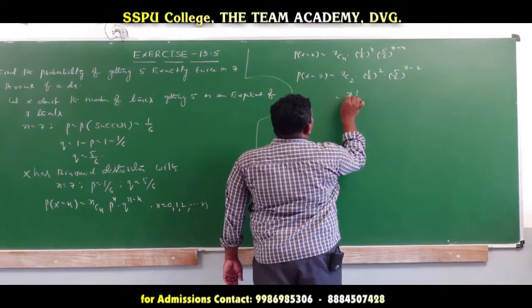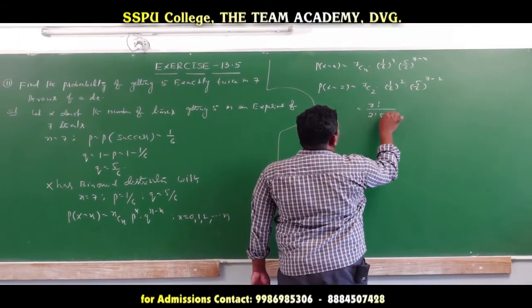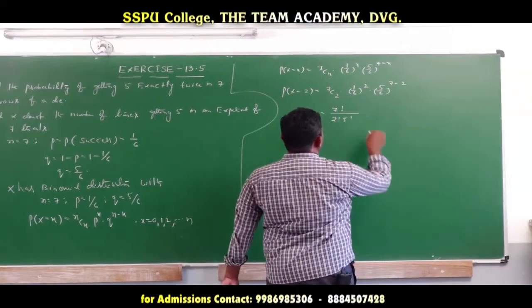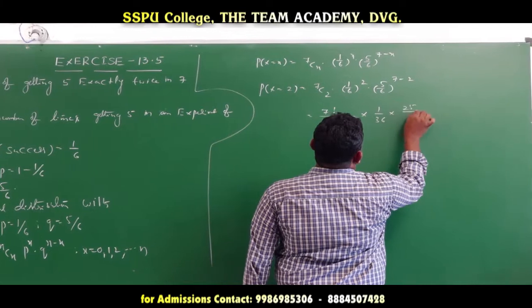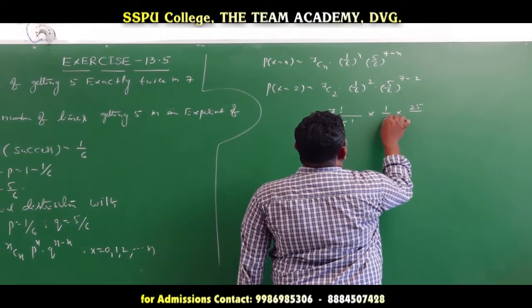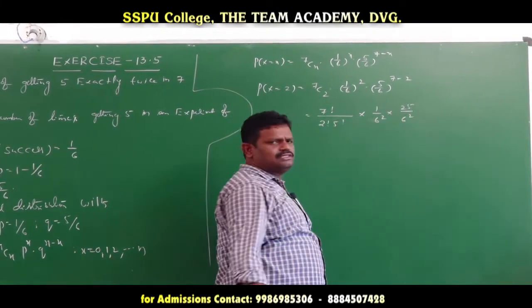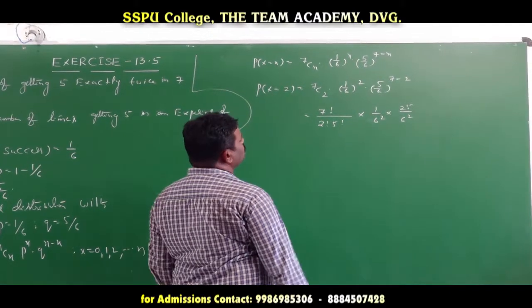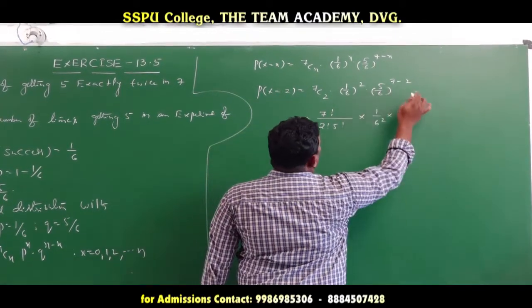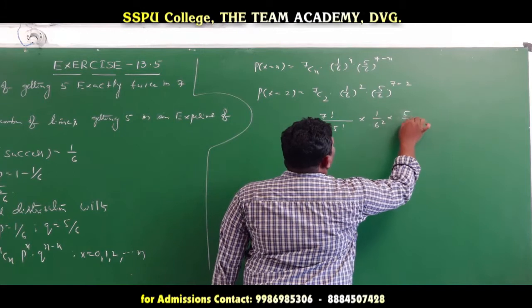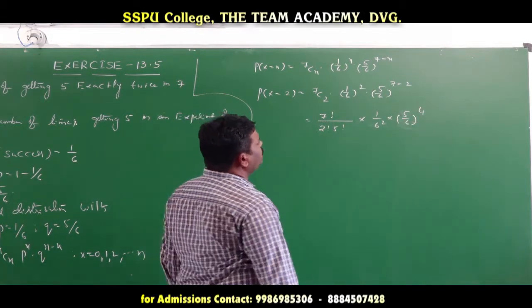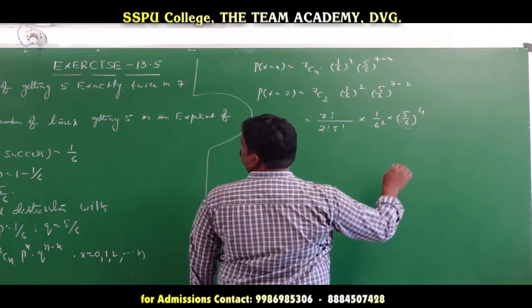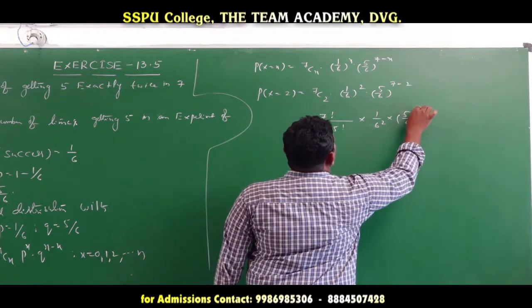Then 7 factorial by 2 factorial into 5 factorial.